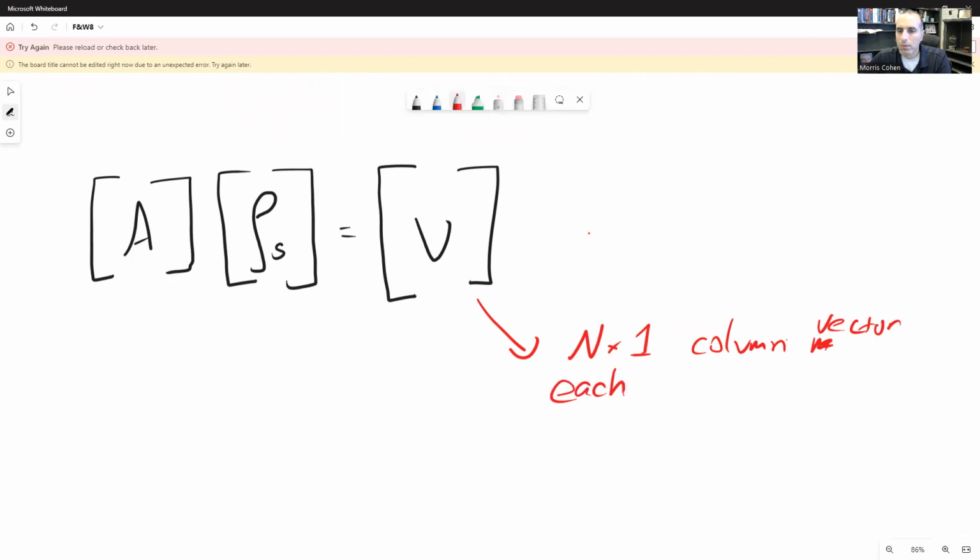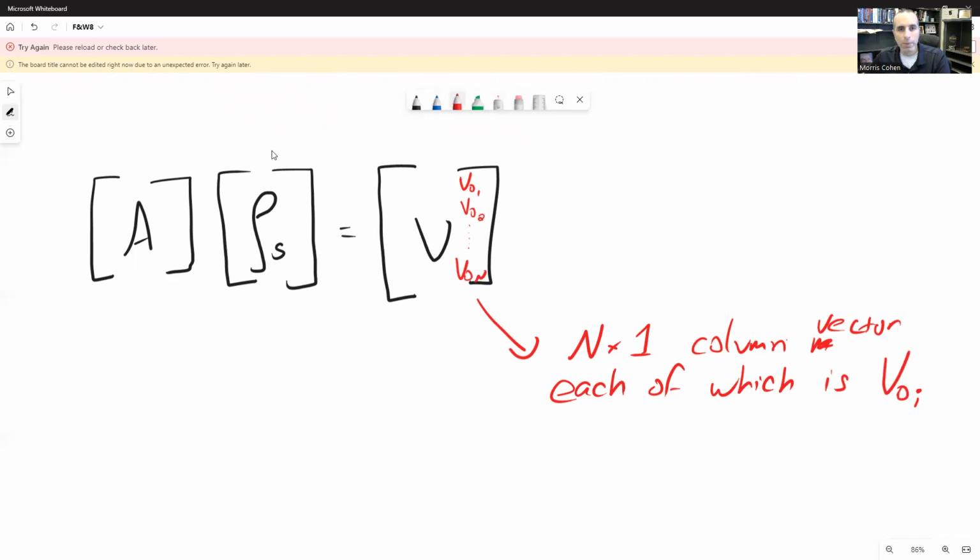Each of which is V0 I, right? So this is going to be V0 for the first patch. This will be V0 for the second patch, onwards, and then V0 for the nth patch.